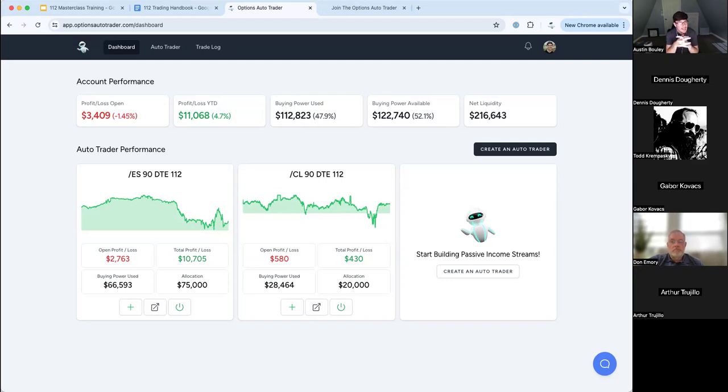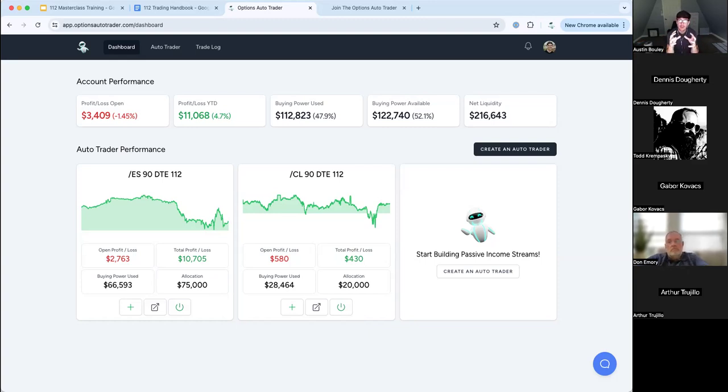And Douglas says, is there ever an instance that we have to manually close these positions? No. You put on this trade and then you let it ride. Take profit or stop loss, you let it ride. The only reason you would want to close a trade early is if you didn't follow the buying power rules, and now your buying power is being exceeded.